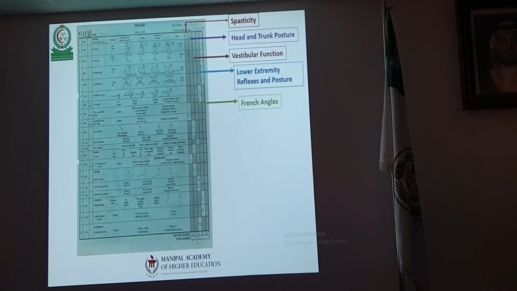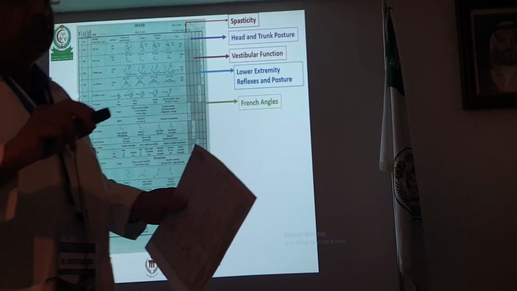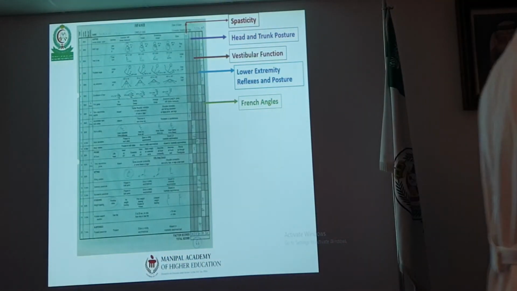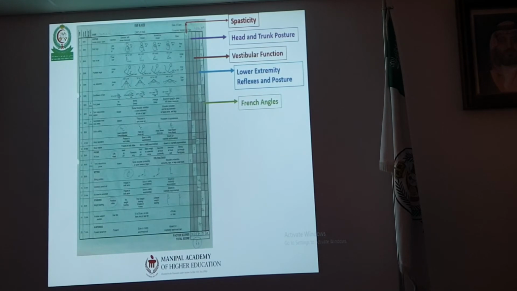Another component is that in each factor, only four items are kept. Count that: 1, 2, 3, 4. Second column, 1, 2, 3, 4. Third column, 1, 2, 3, 4. Like that, that makes five factors. Each factor has four items. Five fours are 20, that means 20 items. Is that clear?